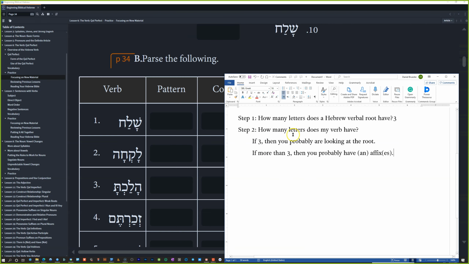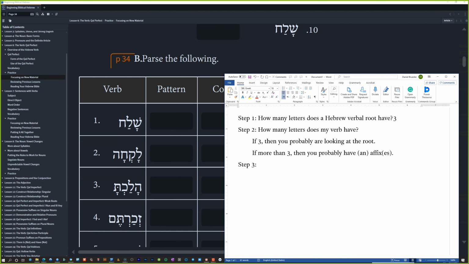So we get to step 2. We already know that Hebrew verbal roots have 3 letters. If my verb has more than 3, then I'm probably looking at a conjugated form that has either suffixes, prefixes, or infixes. Now in the Qal Perfect, which is the only conjugation that we've learned so far, we only have suffixes. We don't have prefixes and we don't have infixes. So if I have more than 3, then I probably have a suffix. Step 3.